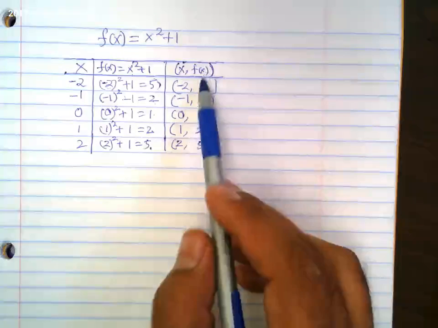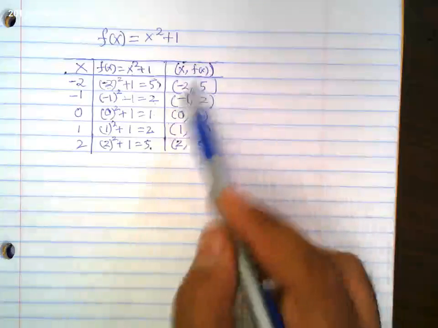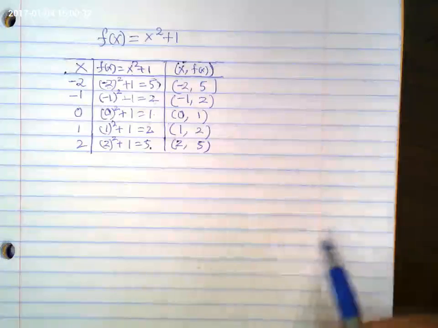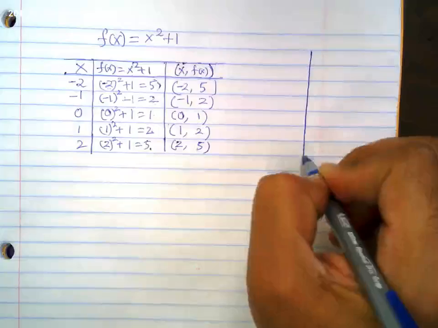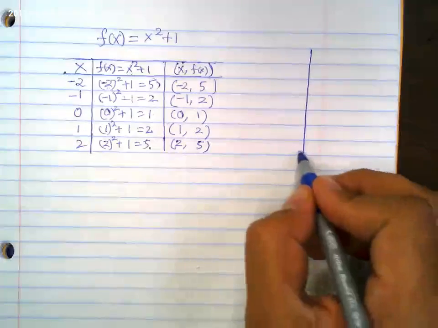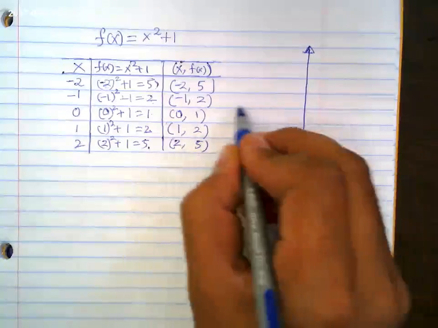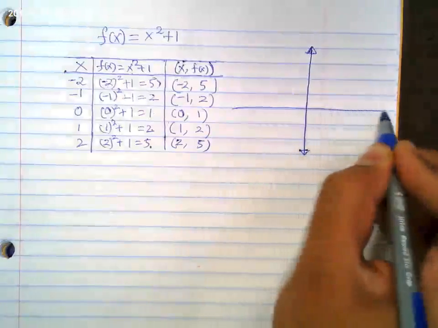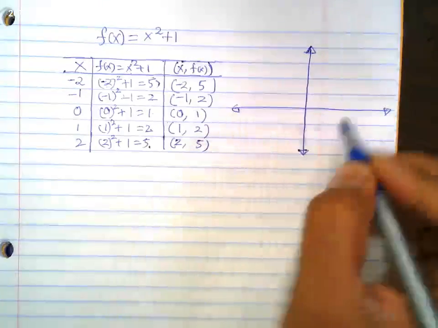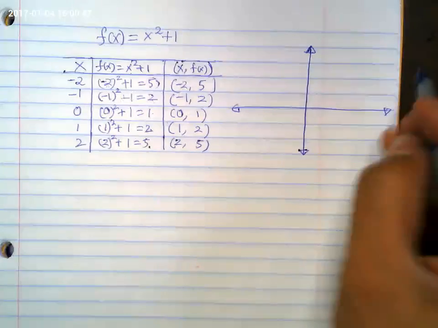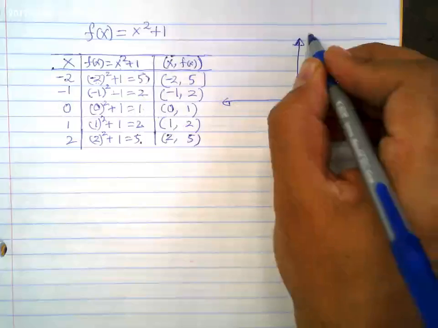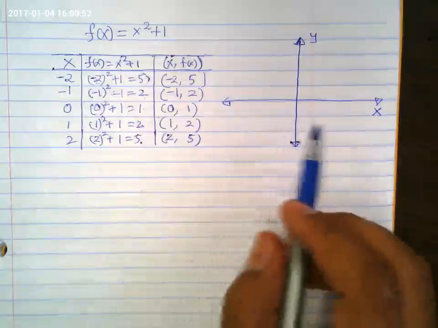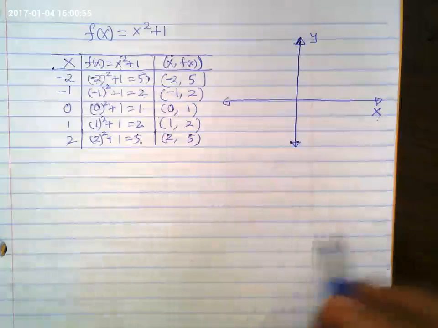Now all you have to do is graph these ordered pairs. Let's draw a graph. This is your y-axis. This is your x-axis. You notice that I put an arrow sign, which means it's ongoing. I'm going to name this x and this y. It is important that you name your axes.